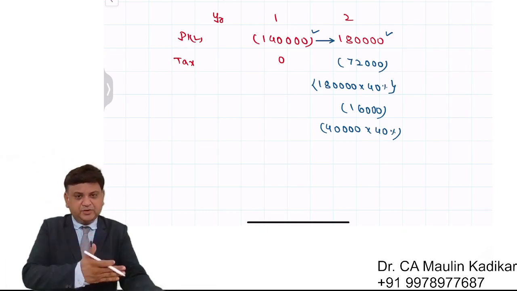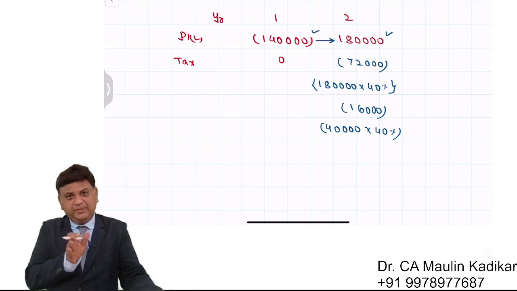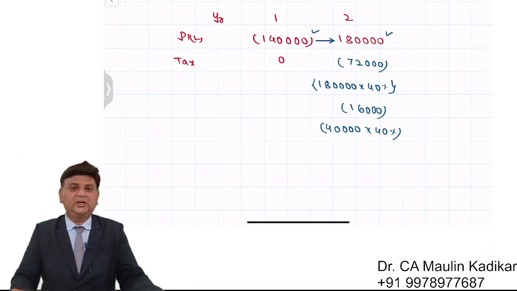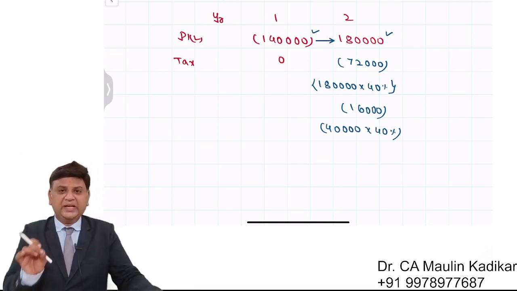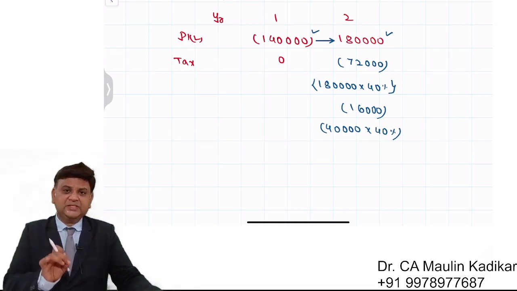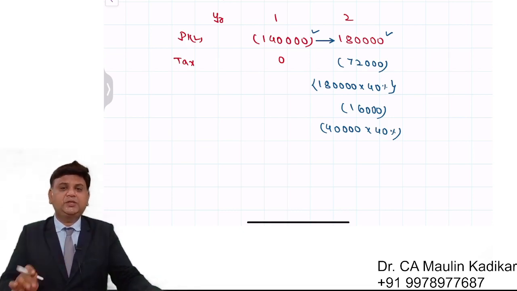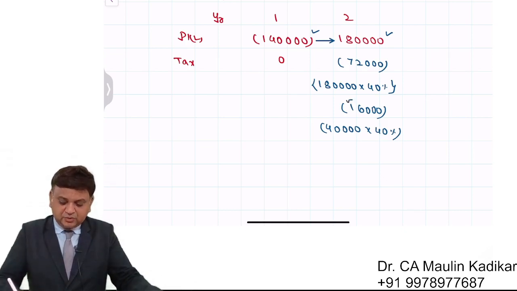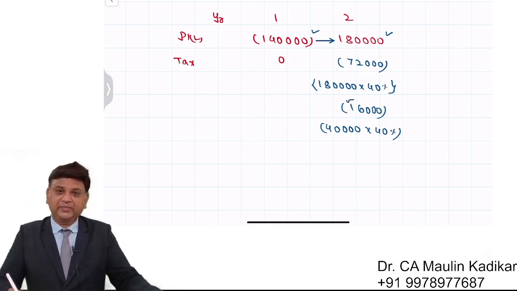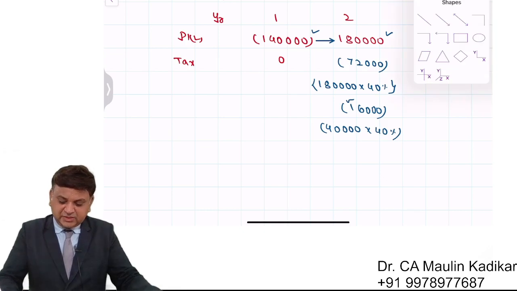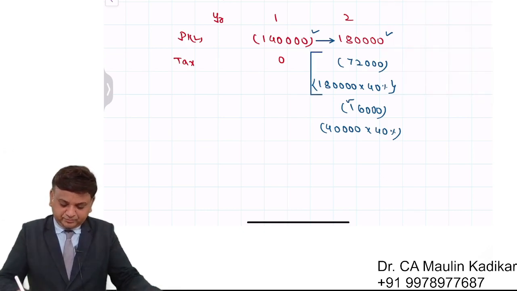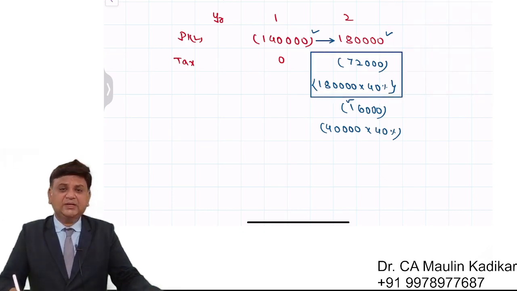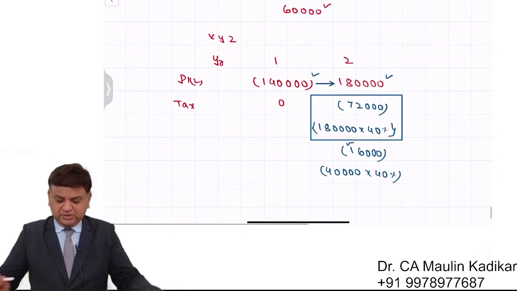So this 1,40,000 rupees of loss will be carried forward to the subsequent year, and 1,80,000 minus 1,40,000, on 40,000 you have to pay tax at the rate of 40%, and that comes to 16,000. You don't have to pay tax of 72,000.